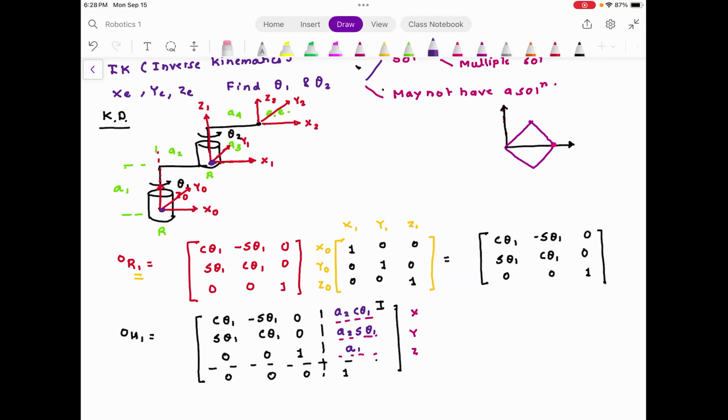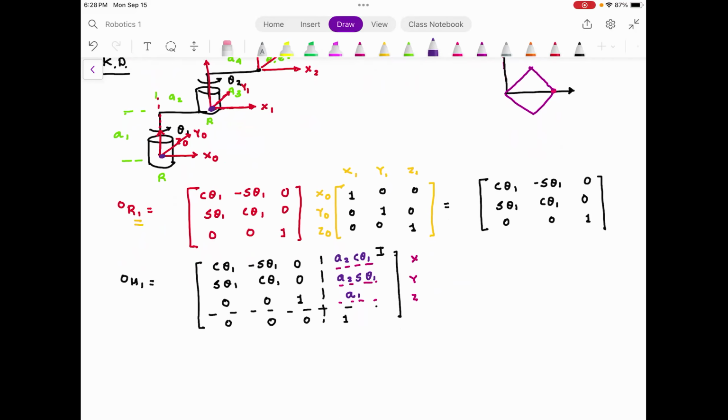So please understand, this gives you the orientation information. This is 0R1. The next 3 columns give you the distance between the first frame and the 0th frame along X0, Y0, and Z0. Everyone understood this? This homogeneous transformation encodes everything that you need to define the angular and translational relationship between the previous frame and the next frame.